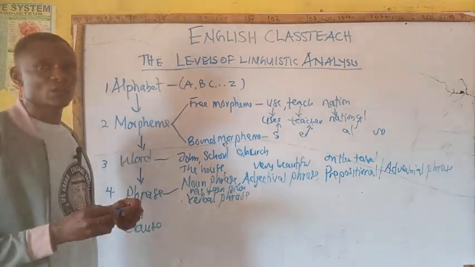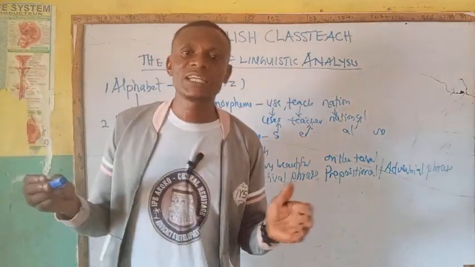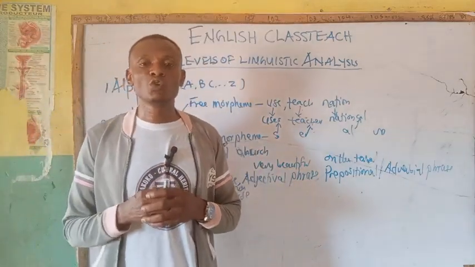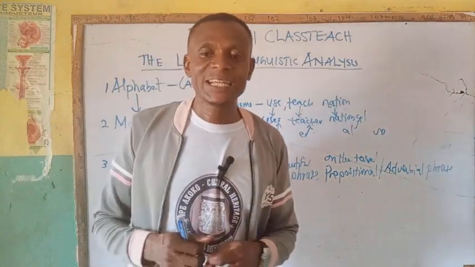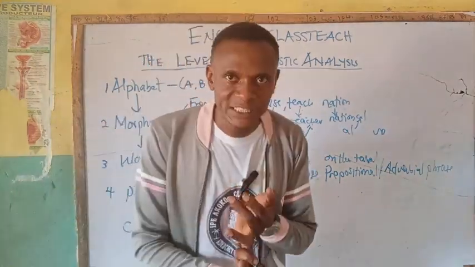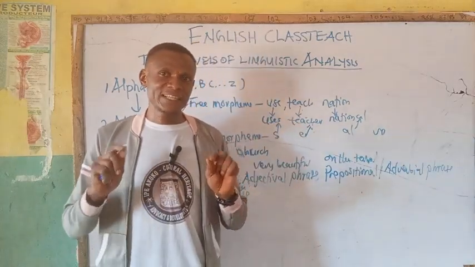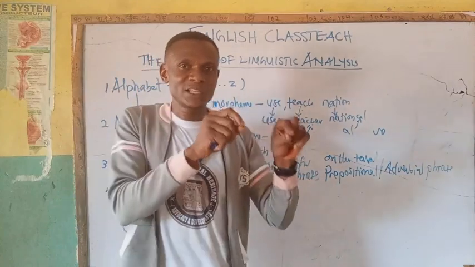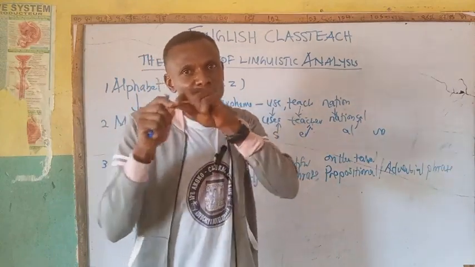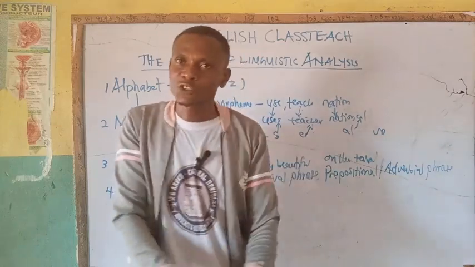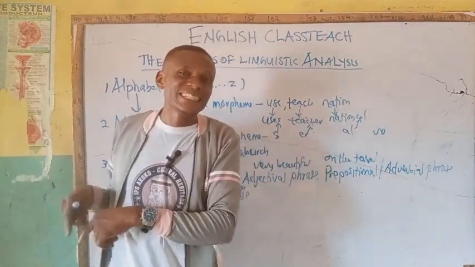Clause. What is a clause? A clause has to do with a group of words that contains a subject and a predicate. Get it? A group of words containing a subject, the performer of an action, and then the predicate.